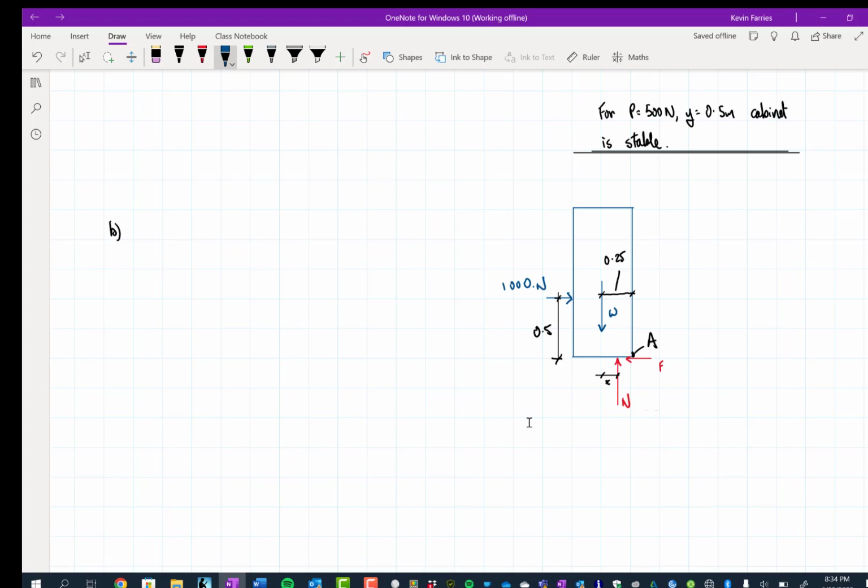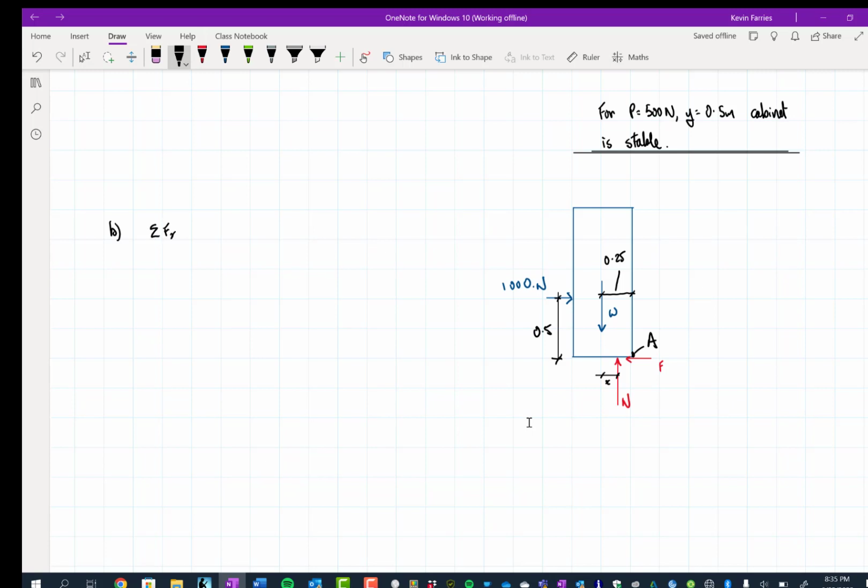So what we can say is to look at sliding, we basically look at the X components.